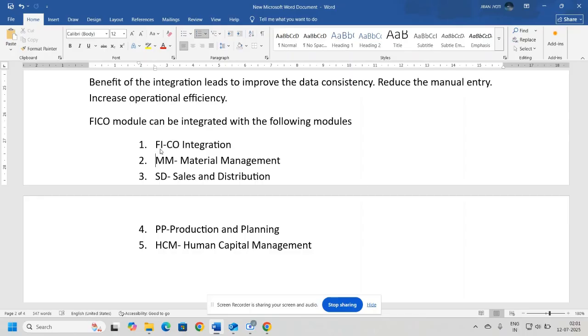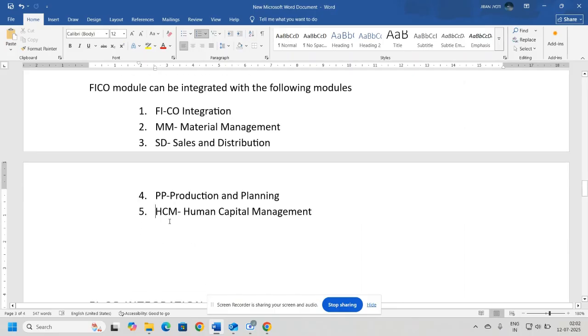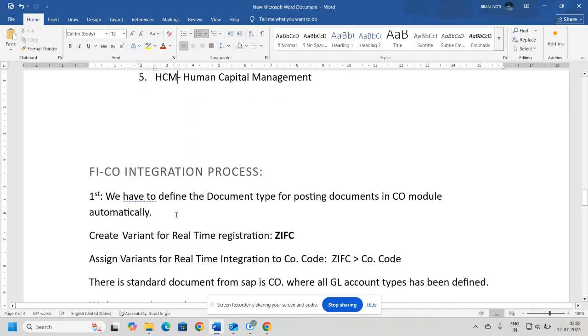Then the second module is MM, the third is SD, sales and distribution, and the fourth one is PP. And I told you another segment of the business activity is human capital management, and there is another module introduced for human capital management.